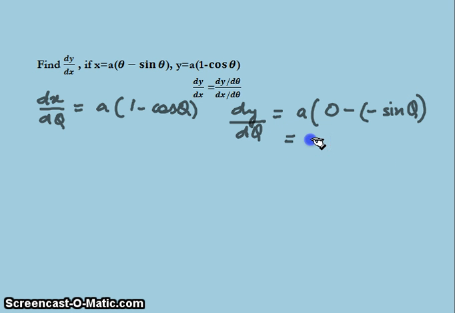Thus this is equal to a sine theta. Now in order to evaluate the value of dy by dx, we need to substitute the values of dy by d theta divided by dx by d theta.